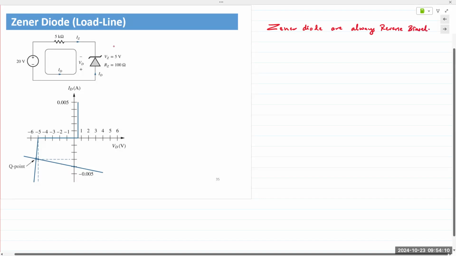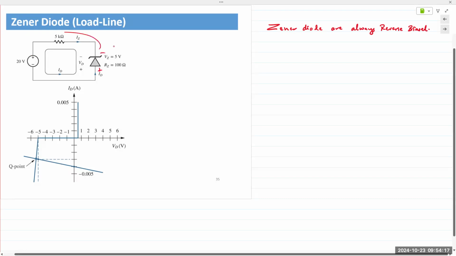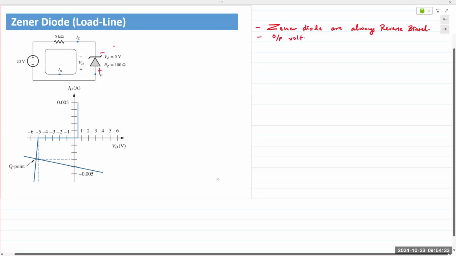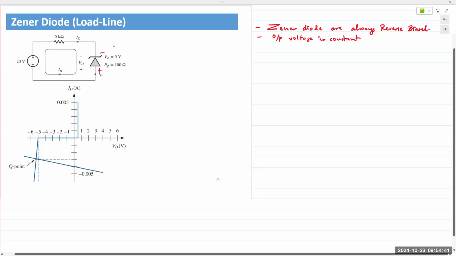And hence you see in the circuit, the cathode is connected to the positive end of the power supply. So Zener diodes are used exclusively in the reverse breakdown region. It holds the output voltage at a near constant level. In the forward bias region, they work as normal diodes.